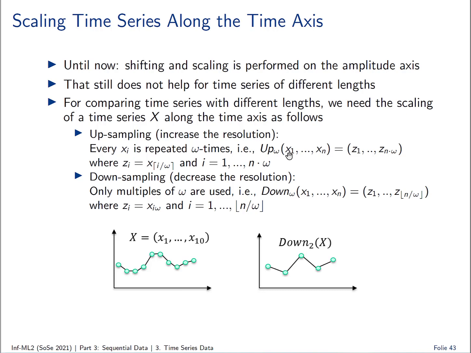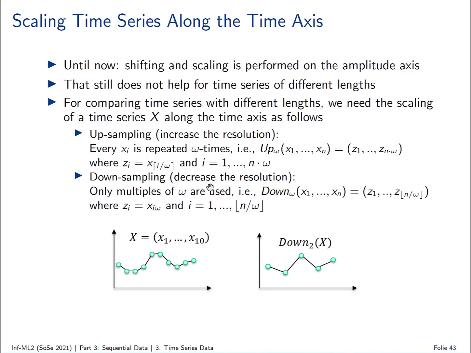So from an original time series of length n, we get a time series of length n times omega. We do that just by repeating each of the original values omega times. That is upsampling, and downsampling is, obviously, the other way around.